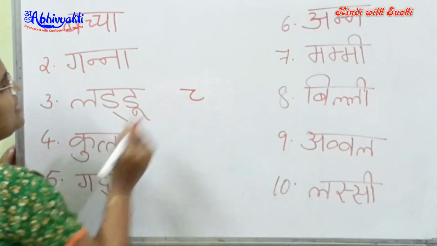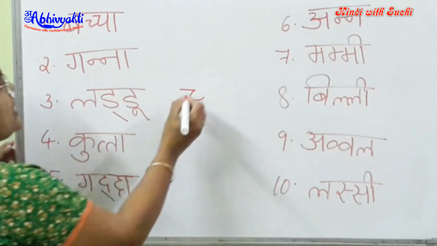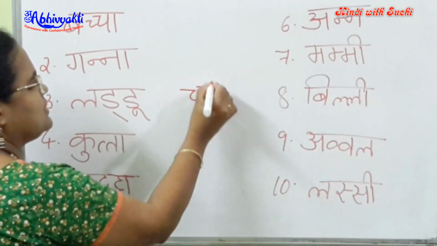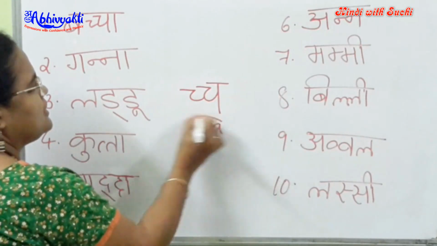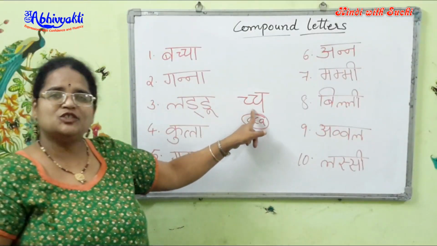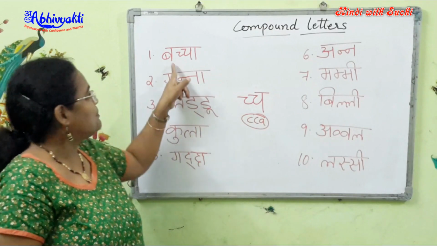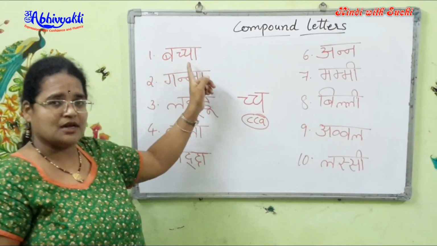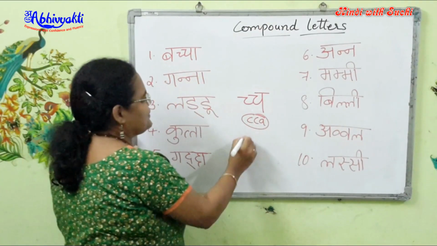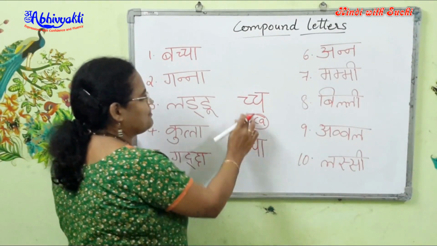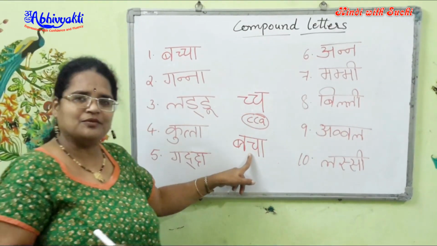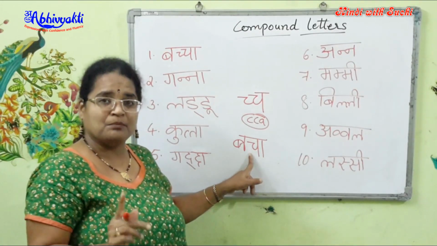I have the cha without the stem line and I am joining it to another cha, and here I have the letter cha. Bachcha. Now how is it different from bacha? Now if I don't have the compound letter, then I have another word which is bacha.